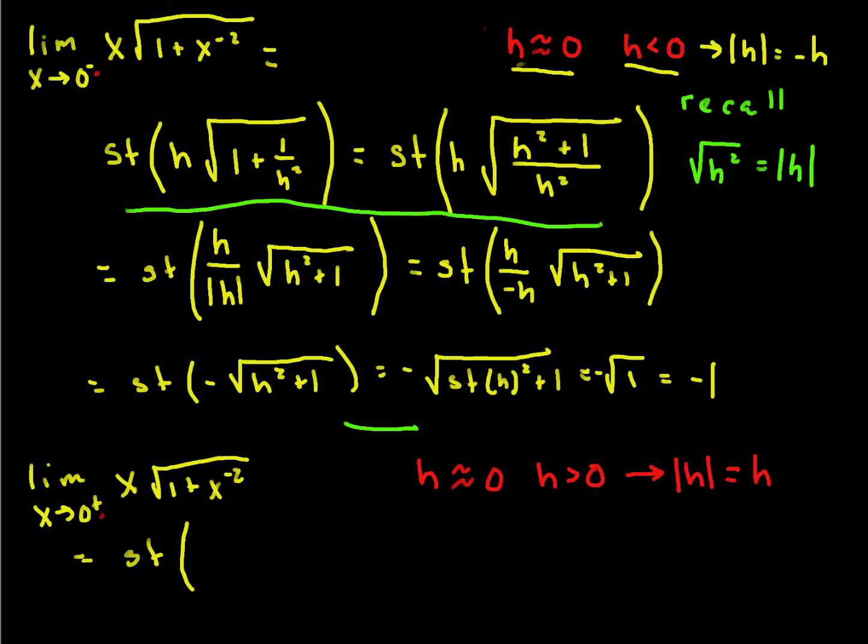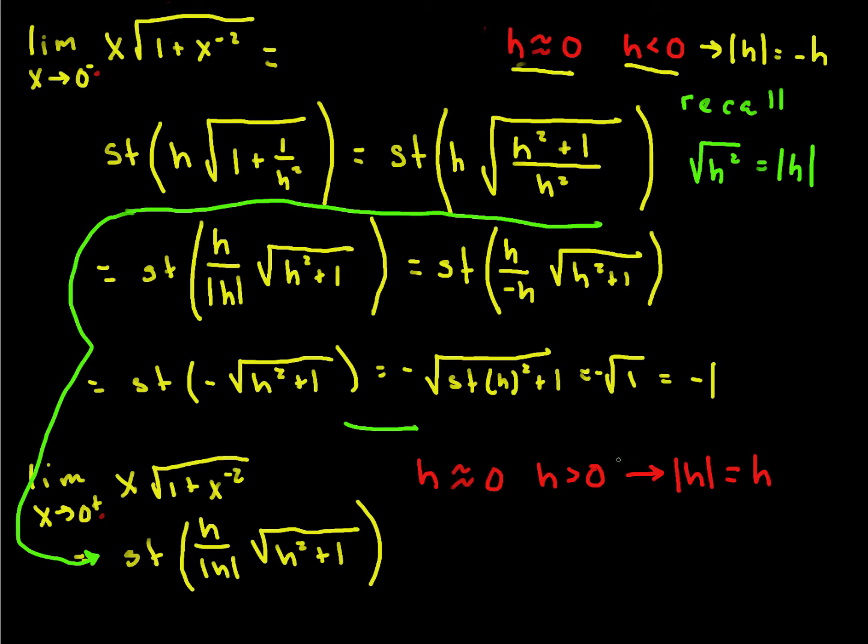I'm kind of pretending I already did them, so they're kind of hidden right here. I've simplified, so this is equal to the standard part of h divided by the absolute value of h times the square root of h squared plus 1.